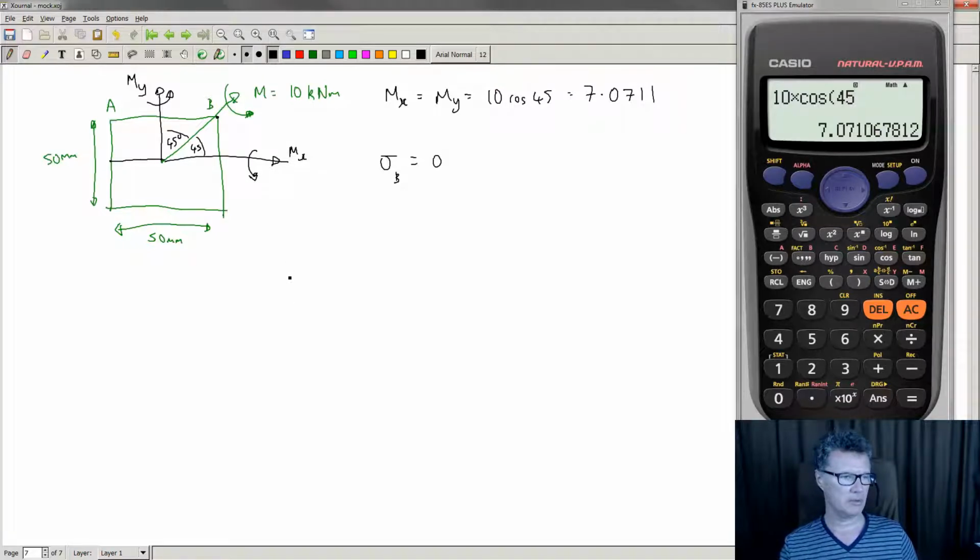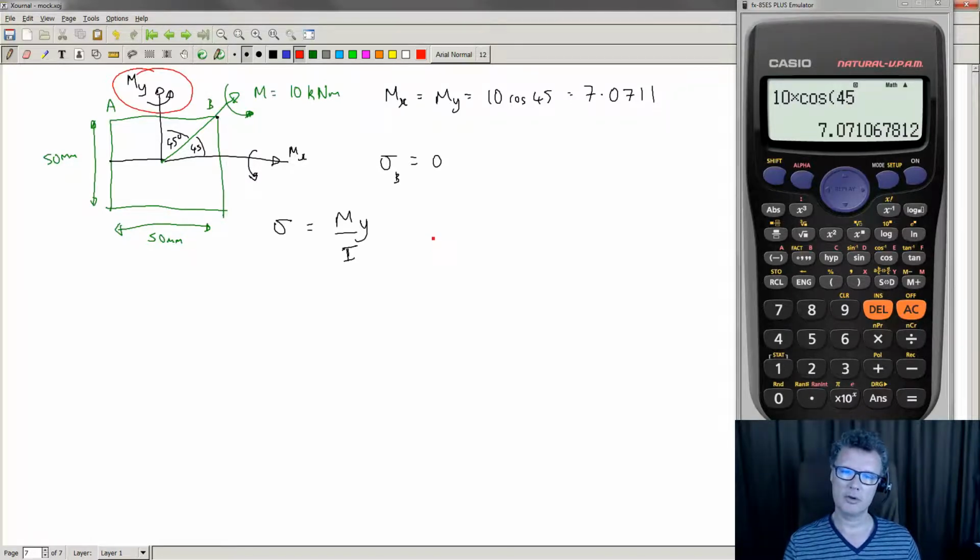Right, we just need to find out what the stress is going to be from the engineer's bending equation. So we're going to use this My divided by I equation. So let's work out what stress is created, for argument's sake, just for the top one.